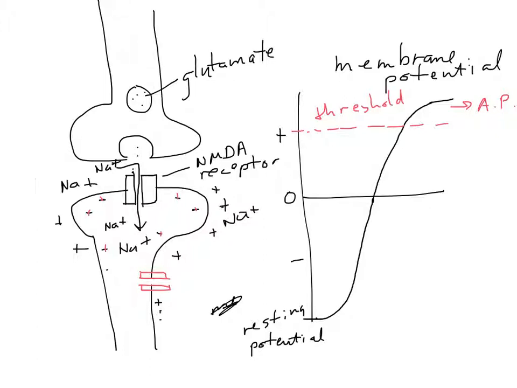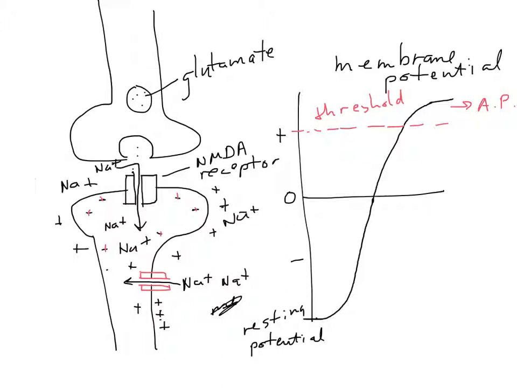Still kind of negative in this area right here. It activates these to open, and once again, because there's a higher concentration of sodium on the outside, they start flowing in, and these parts become more positive, and so on and so on. And so there's a cascade of membrane potential changes as this moves down the neuron.